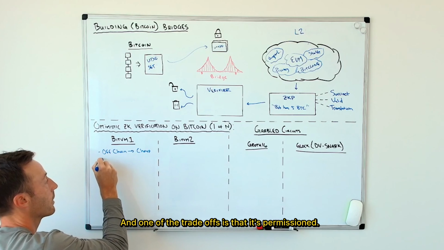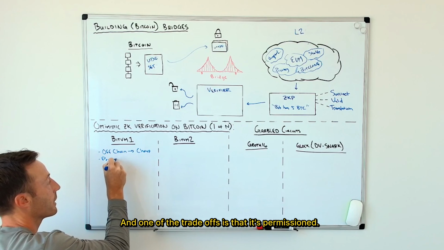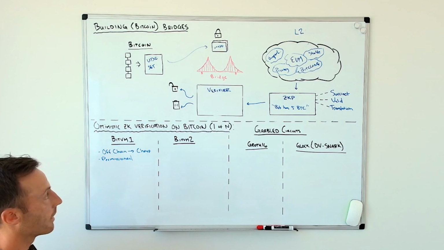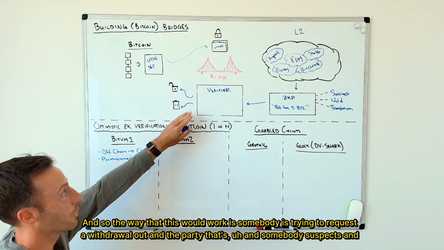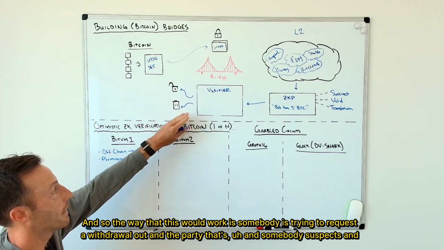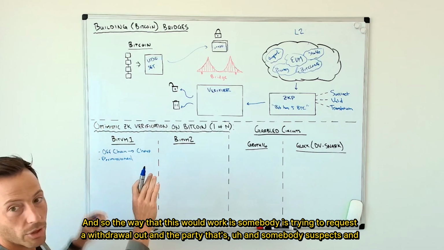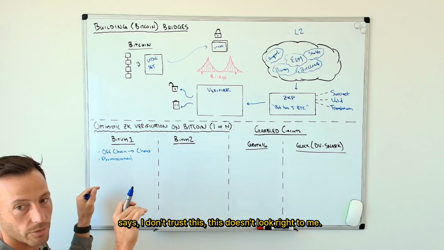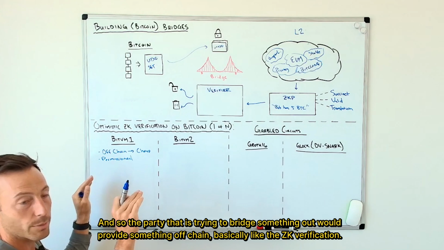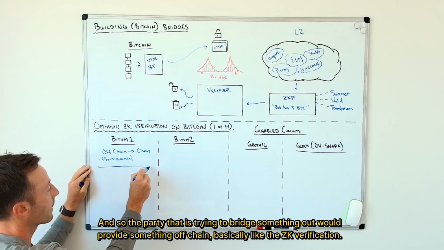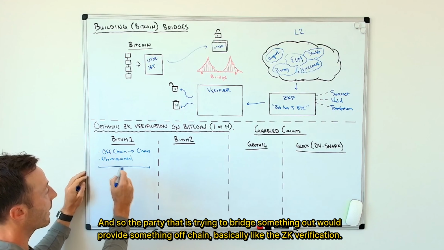And one of the trade-offs is that it's permissioned. The way this would work is somebody is trying to request a withdrawal out, and somebody suspects and says, I don't trust this, this doesn't look right to me. So the party that is trying to bridge something out would provide something off chain, basically the ZK verification.